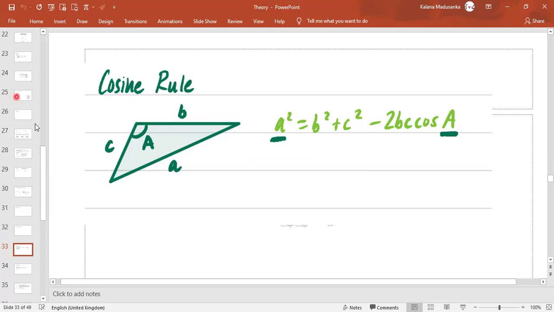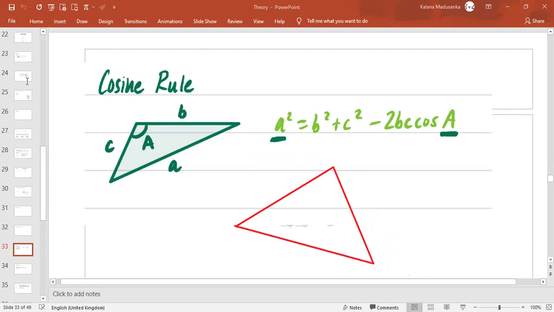Before remembering the cosine rule, there's a specific format you have to remember. This is the format, okay? Whatever triangle you have, let's say this is my triangle.